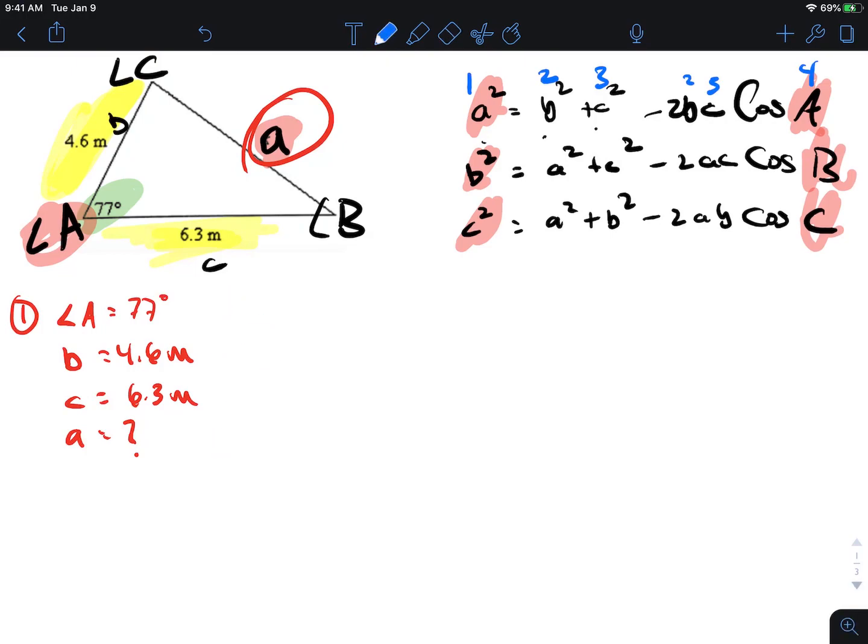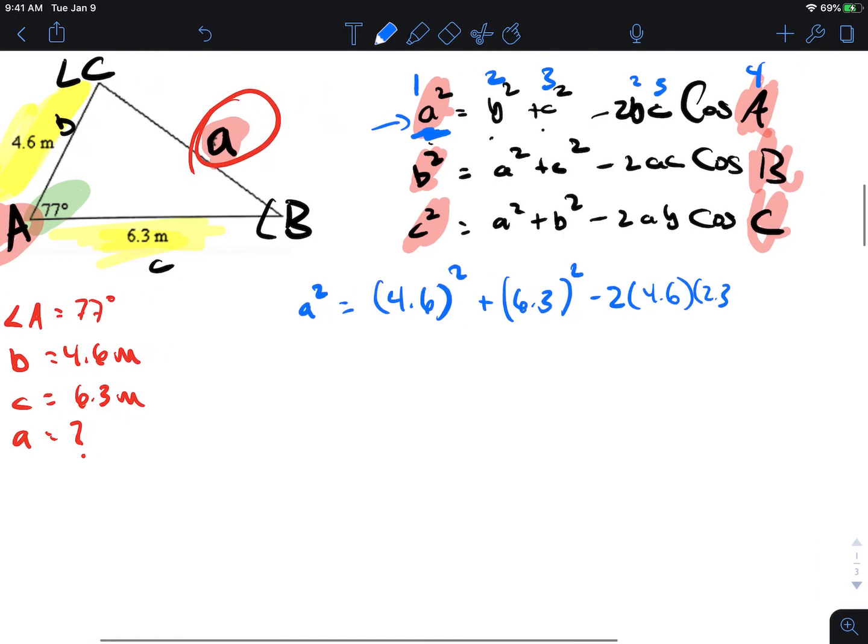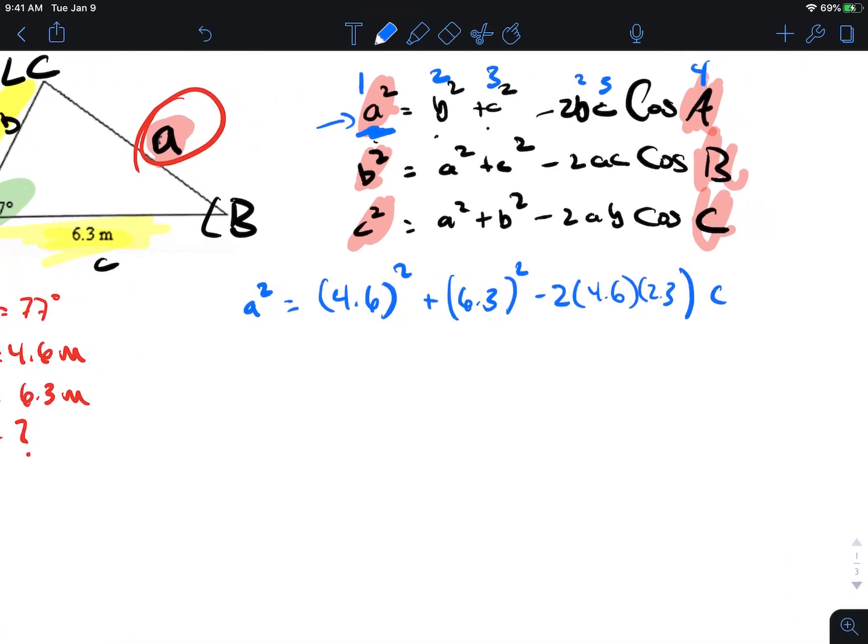So let's do the first. Which one? I need A, so I'm going to pick this one, because I need A. I don't even have to do any rearranging. I'm just going to start plugging stuff in. So A squared is equal to B squared, which is 4.6 squared, plus C, which is 6.3 squared, minus 2 multiplied by 4.6 times 6.3 cosine.